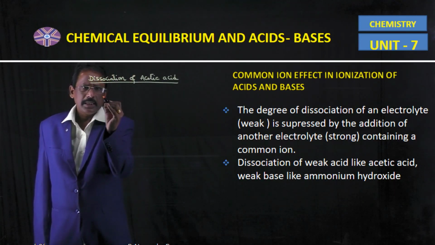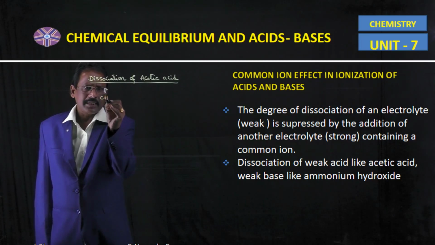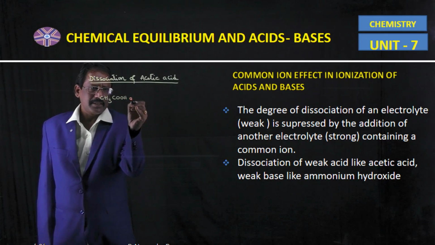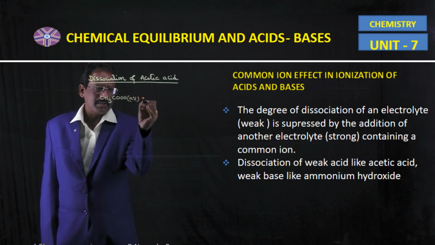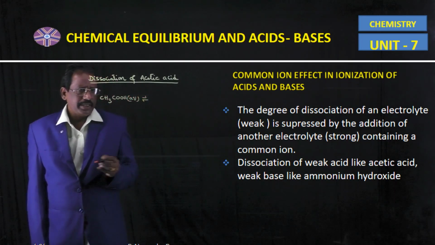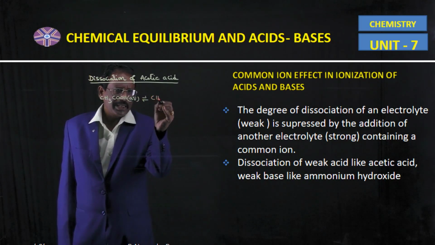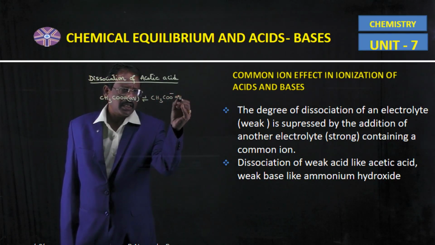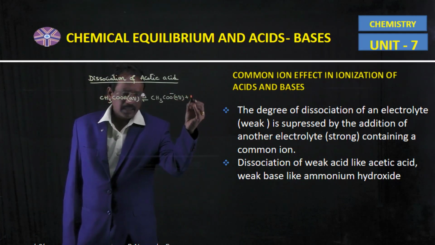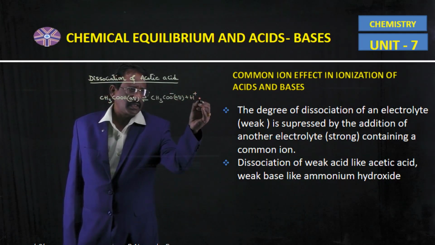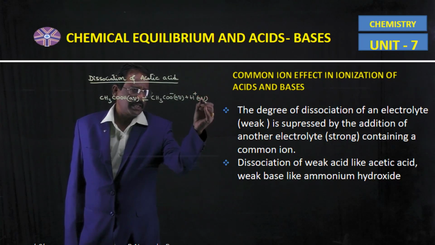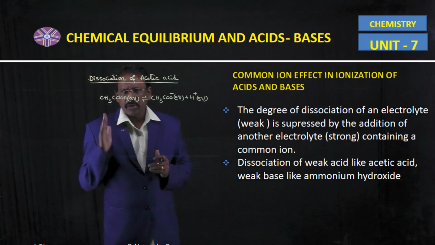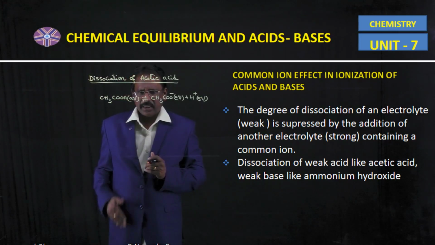Here the acetic acid acts as a weak acid, so in aqueous medium it is weakly ionized into acetate ion and H plus ion. So this is the dissociation of a weak acid.